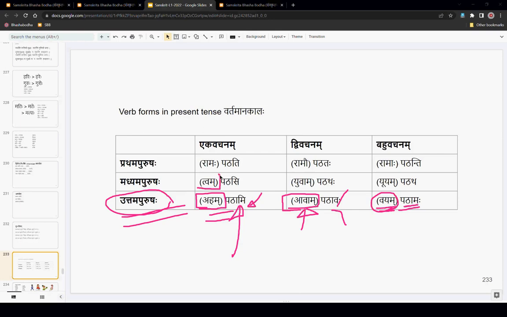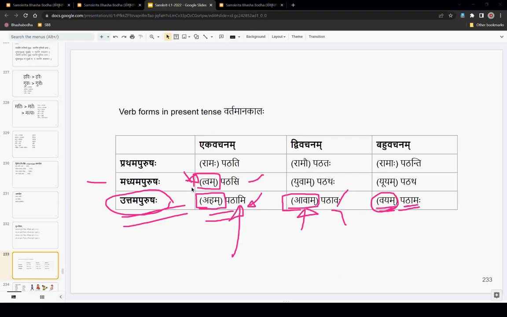Similarly, when the word is Tvam, the word is important. Tvam means you. But there could be other words which mean tvam, like bhavan. In that case, we don't use the Madhyama Purusha form. The tvam has to be the Kartrupadam, or at least the implied Kartrupadam.